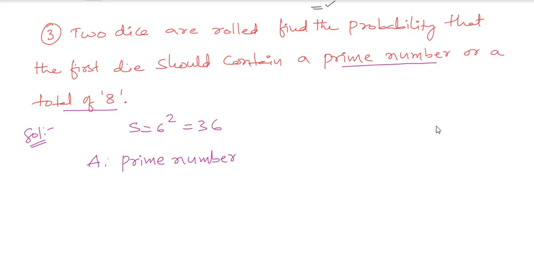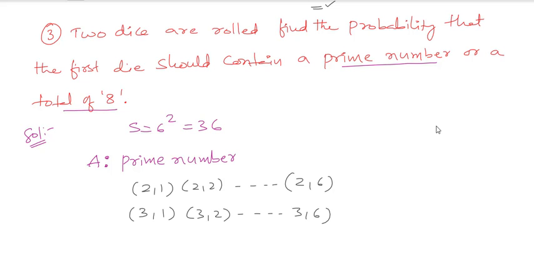So first die should contain a prime number means what are the possible cases here? First die means prime number 2, 3, 5. And first one will be 2, 1, 2, 2 and so on, 2, 6. Similarly 3, 1, 3, 2 and so on, 3, 6.